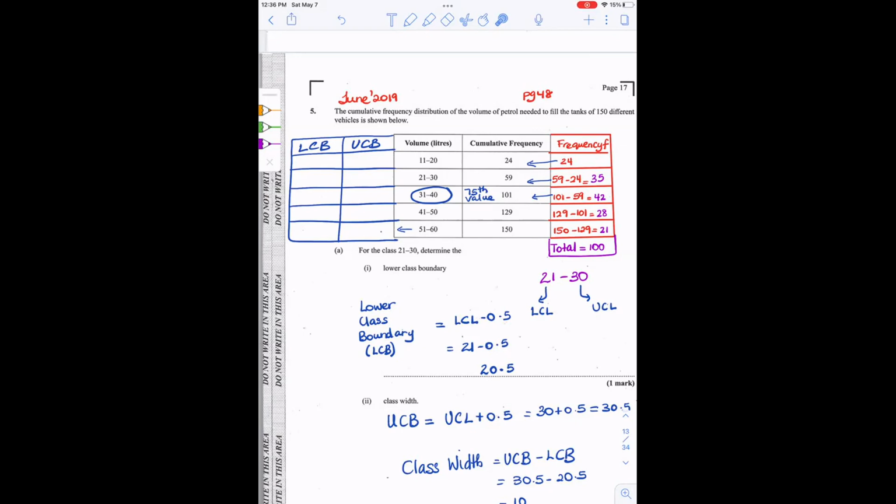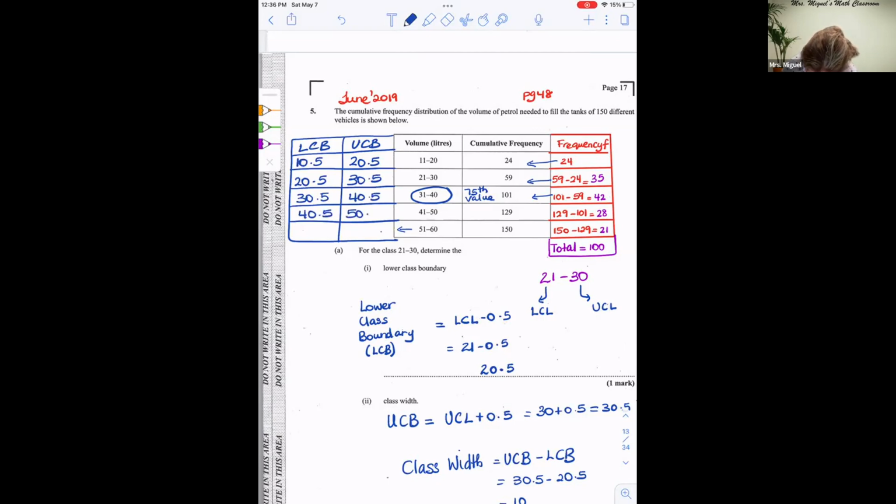Finish, miss. All right, so we have 10.5, 20.5, 20.5, 30.5, 30.5, 40.5, 40.5, 50.5, 50.5, 60.5.